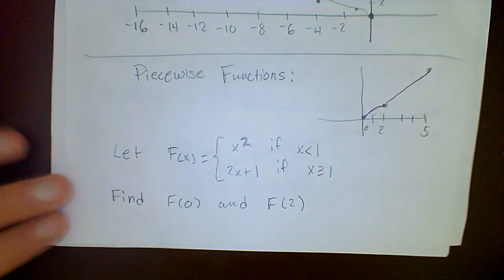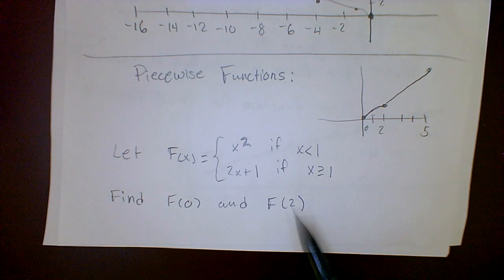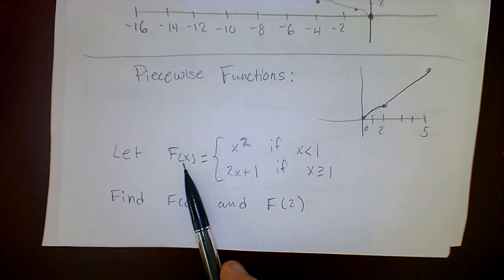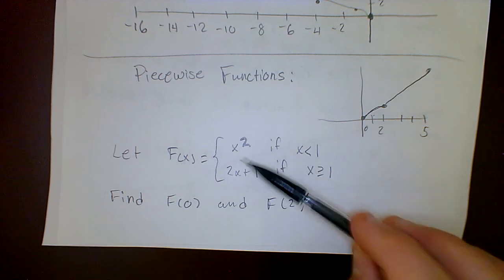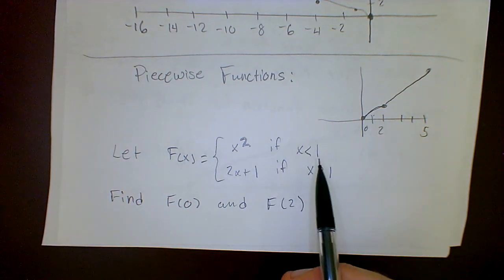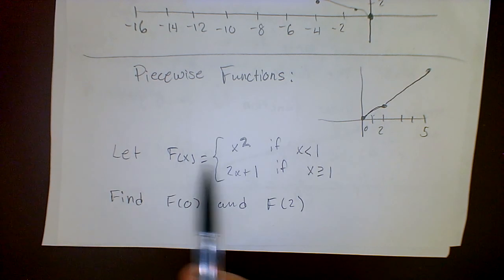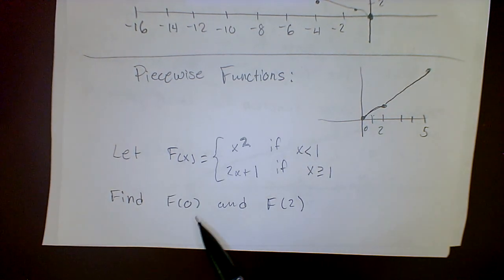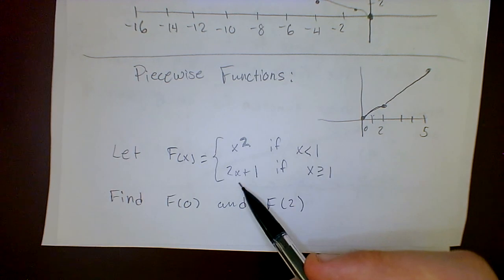Okay, so think about this here. So if I wanted to find f of 0, usually we would just plug in 0 here. But which one do I plug it into? Well, the definition of this capital F depends on what value I put in for x, right? It's either going to be x squared or 2x plus 1.